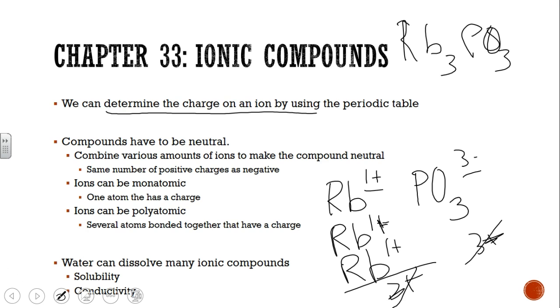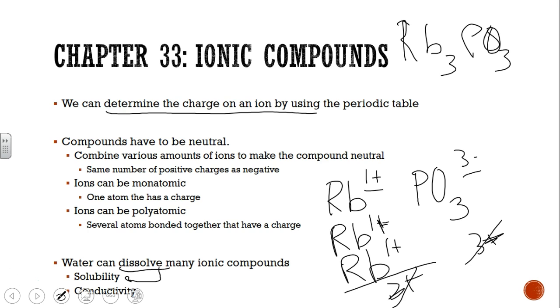It's funny that all of these ions that I'm showing you, all of these dissolve in water. When these compounds dissolve in water, we say that the compound has a solubility. There's all sorts of solubility rules where compounds will dissolve in water.